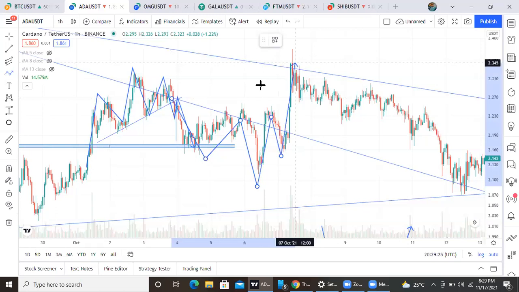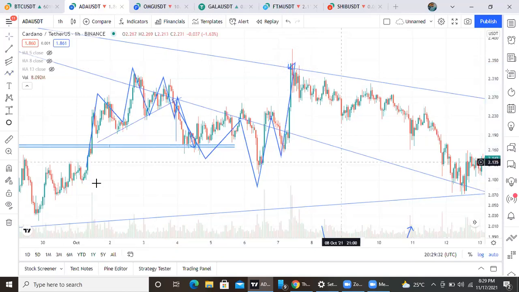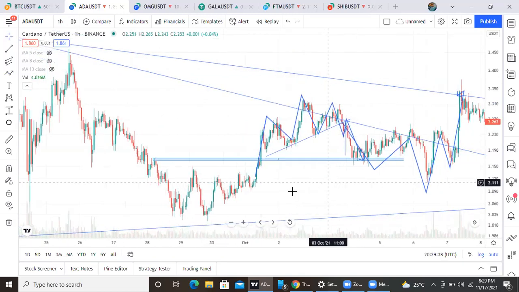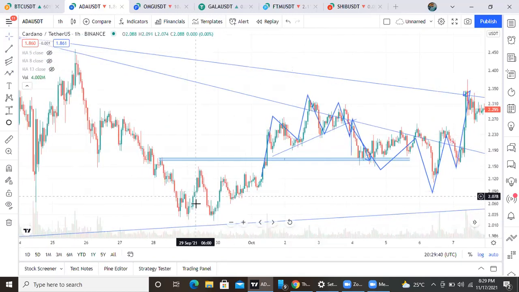So it's also an example of an inverted head and shoulder. But let me see if I can get another one. I could have called this a head and shoulder, but it's nearly equal, so I will call it a double bottom.